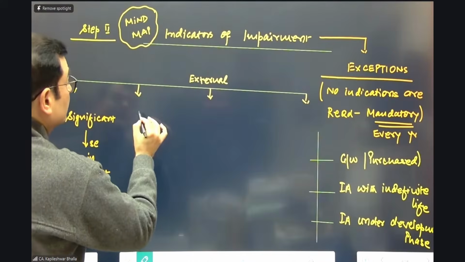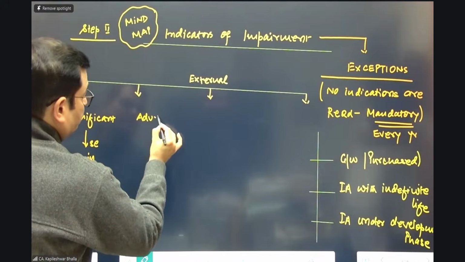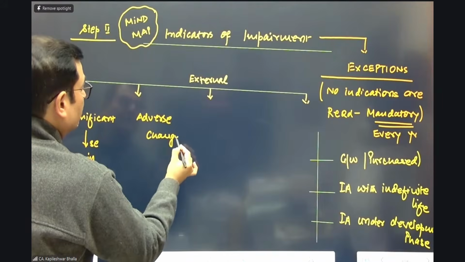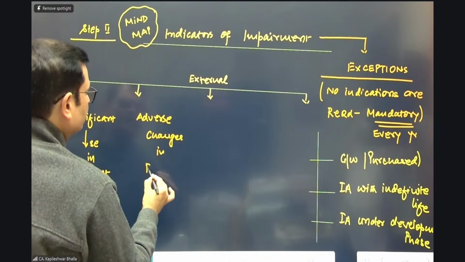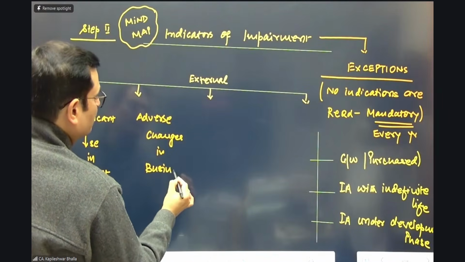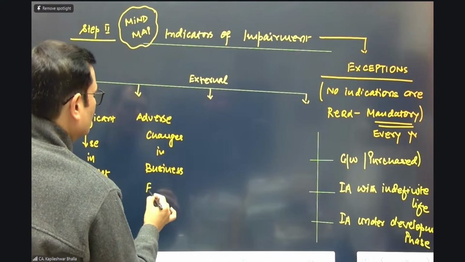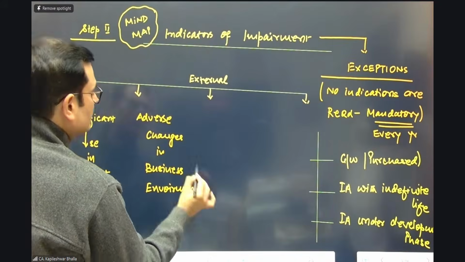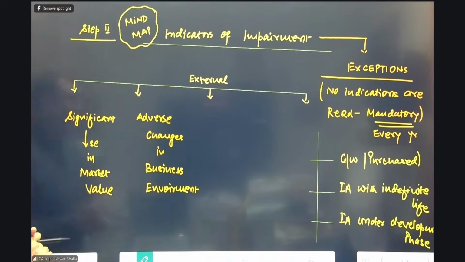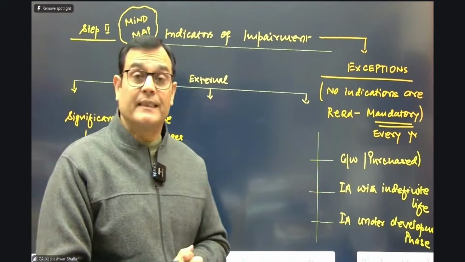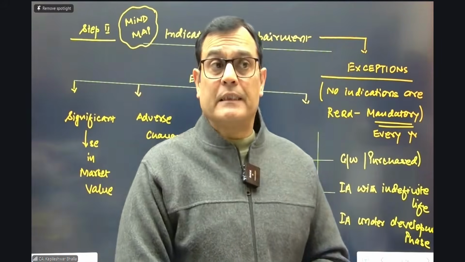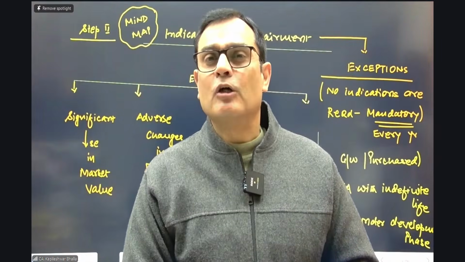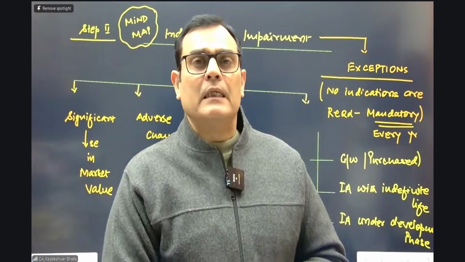Then there are adverse changes in the business environment. I'm using the word business environment, though the standard does not use it. It talks about changes in different kinds of environment, as you rightly said. There could be changes in the technological environment, economic and political environment, or legal environment.